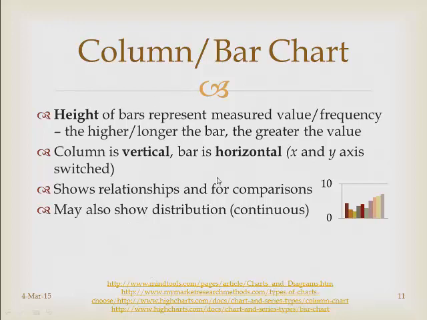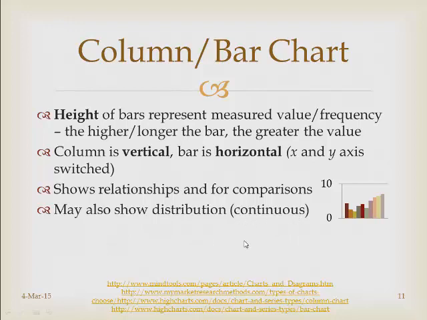Okay, so column and bar charts are very suitable to show relationships and to compare. All right, you can see this bar is higher than this one, so you can see comparisons, you can see relationships. And it may also show distribution, like how is your data distributed? Are there more of this particular one or less of this one? Especially for continuous data.